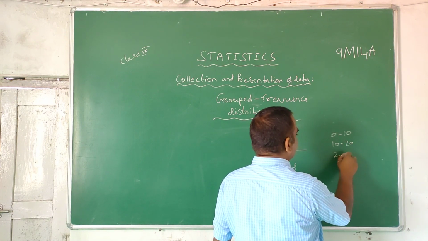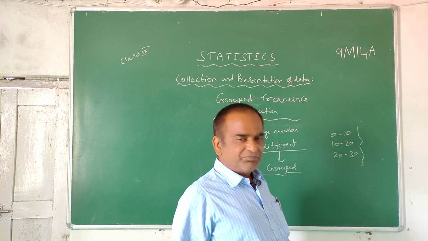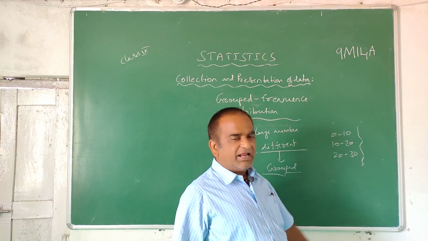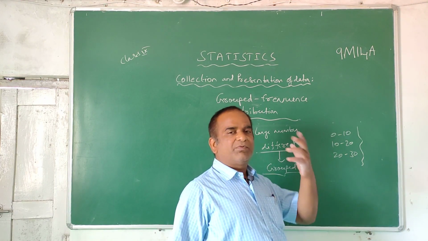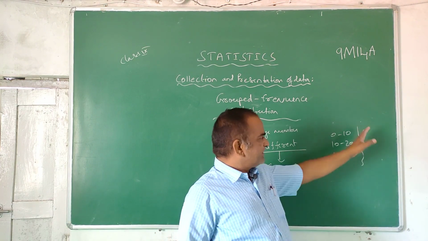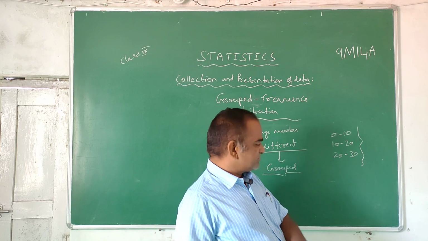These groups are known as classes. We take how many observations are present in that group, that frequency. So it is called grouped frequency distribution.